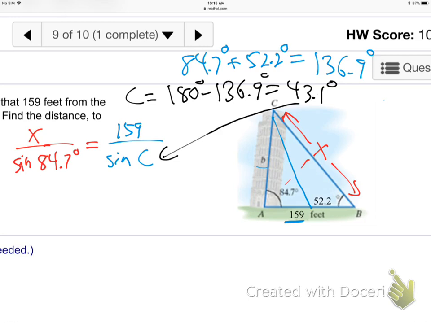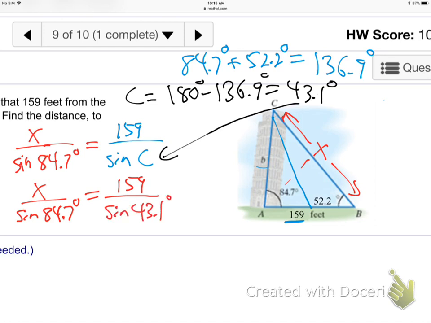So we have x over sine of 84.7 degrees is 159 over sine of 43.1 degrees. Now we can solve for x. That good? Diagonal, diagonal.